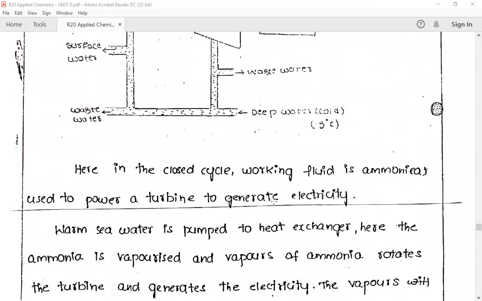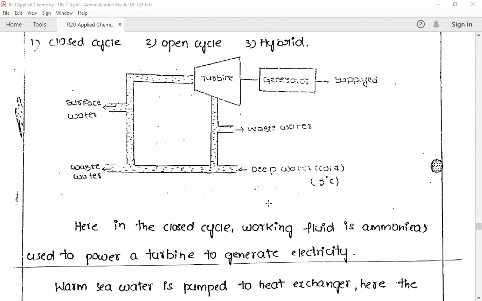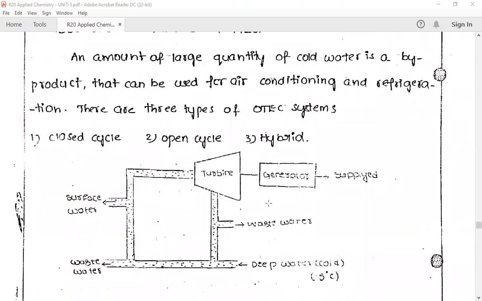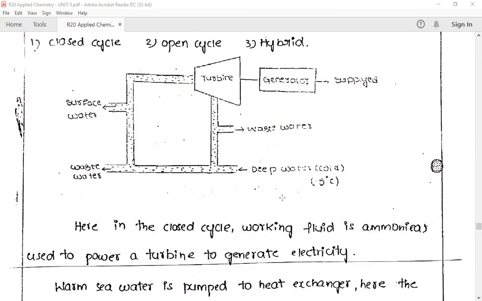First one, closed cycle ocean thermal energy conversion. In this, a closed system uses a fluid with a low boiling point such as ammonia to rotate the turbine to generate energy.